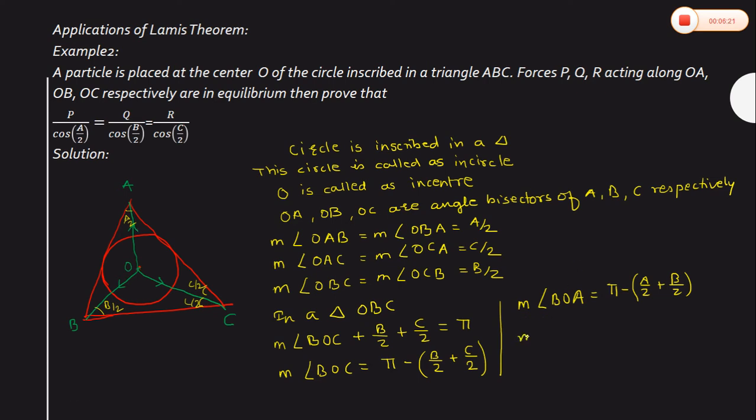Similarly, the measurement of angle AOC is equal to pi minus A by 2 plus C by 2. So these are the three angles we need to use Lami's theorem, because we already know the three forces, and these are the three angles.